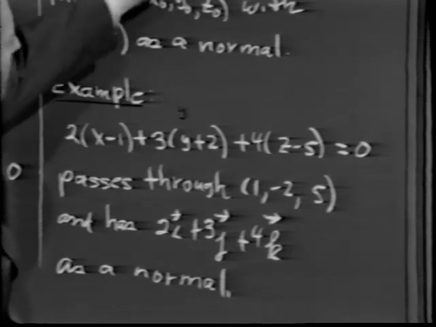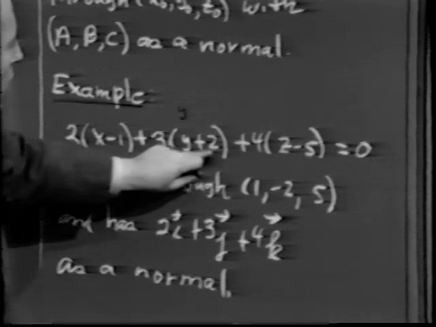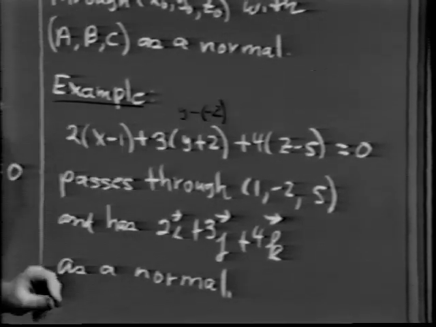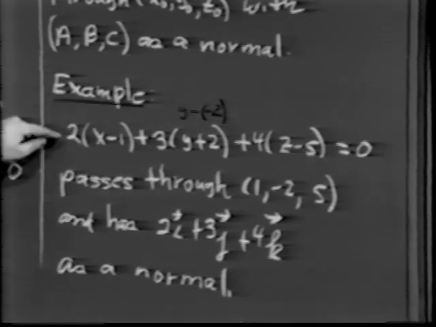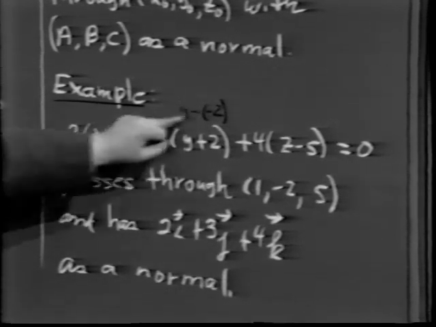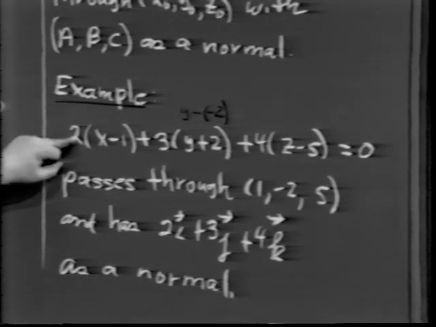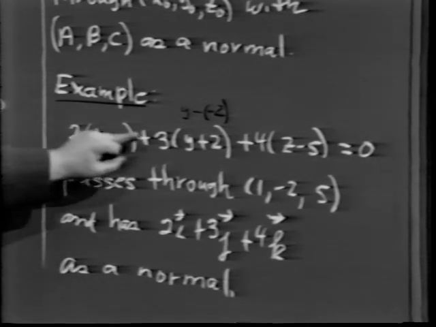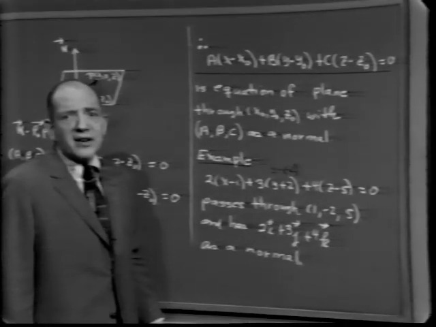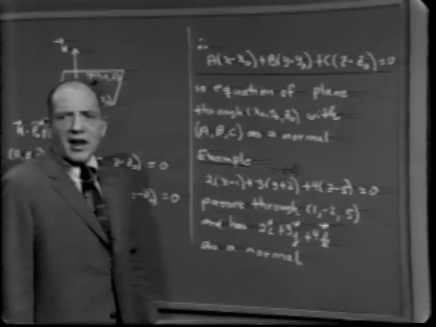Remember that the standard form of our equation uses a minus sign. Consequently, to use the equation where we see y plus 2, we should rewrite that as y minus minus 2. And what we're saying is that this equation is then what? It passes through the point 1, -2, 5, and has as its normal the vector 2i plus 3j plus 4k. Actually, this is not a very difficult concept once you try a few examples and see what's happening over here.